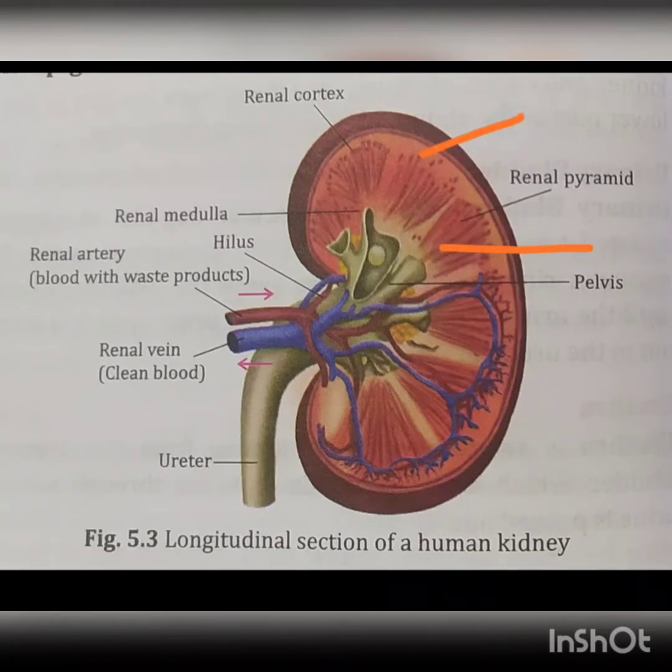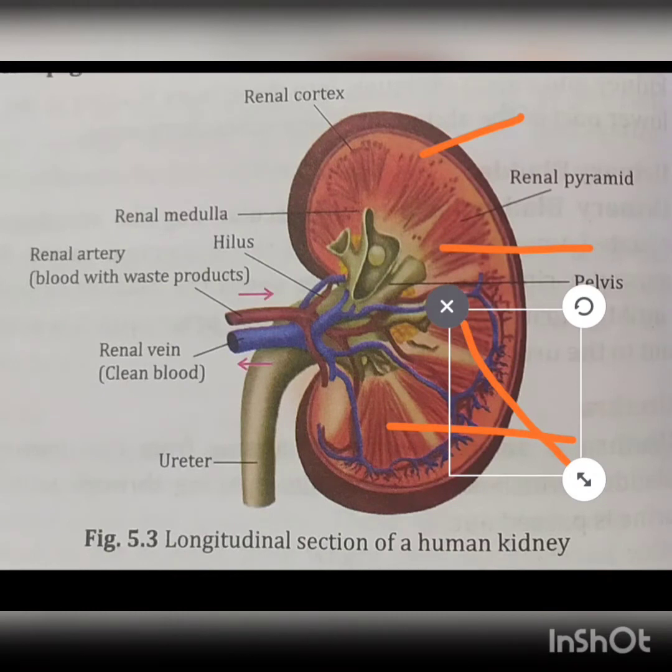The medulla contains cone-shaped structures called pyramids. The renal pyramids are made up of millions of microscopic filtering units called nephrons or renal tubules.